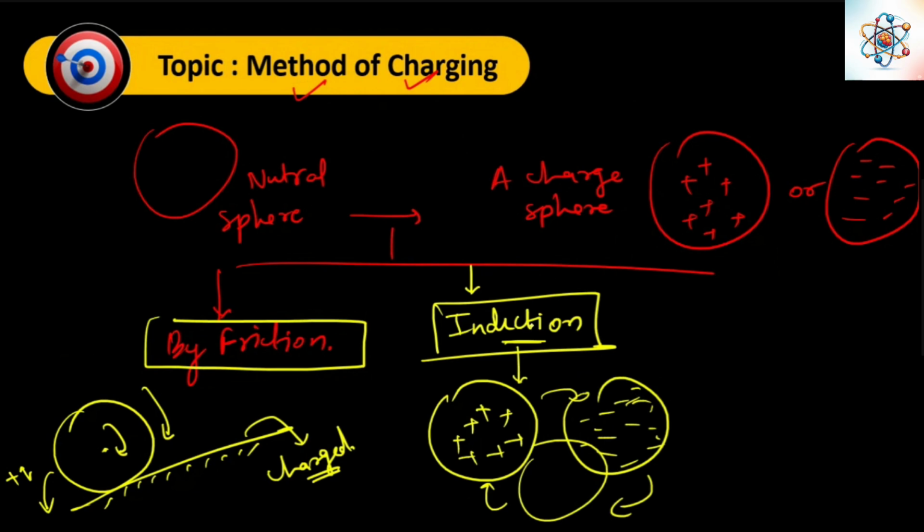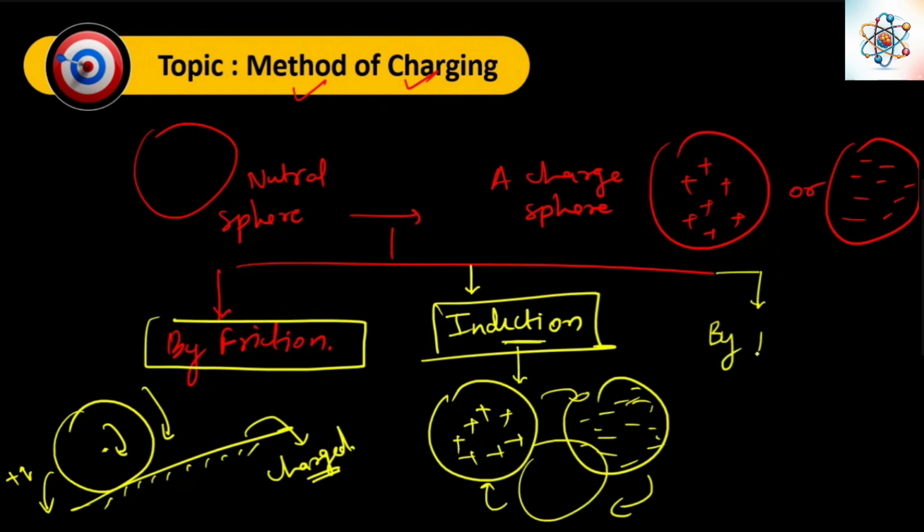This is something we call induction. They can induce a positive charge on themselves, and then also induce negative charge on themselves, and they also make themselves neutral by completely transferring the entire charge of their surface to other objects. That is something we call induction.